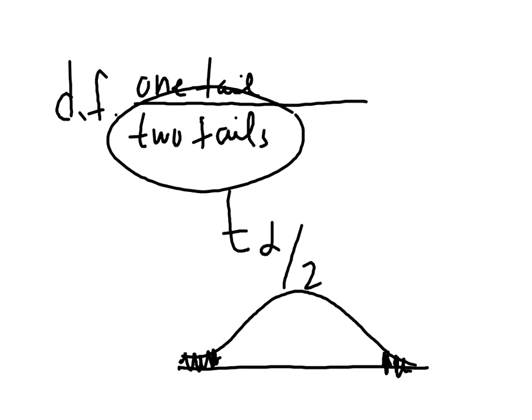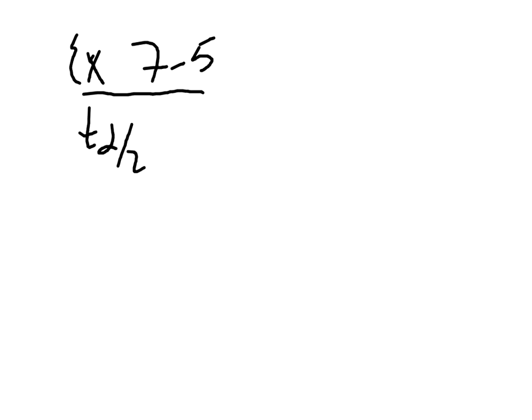Some of you may have gotten a plasticized pullout of the tables, and they're on that also. Anyway, let's do a t alpha over 2 question. This is example 7.5. Find the t alpha over 2 for the 95% confidence interval, with a sample size of 22.